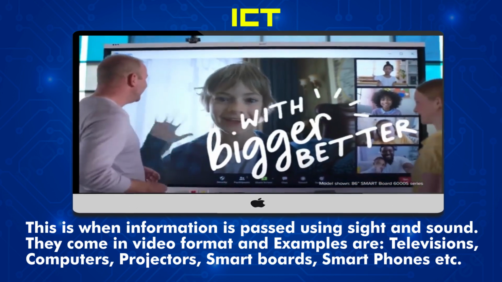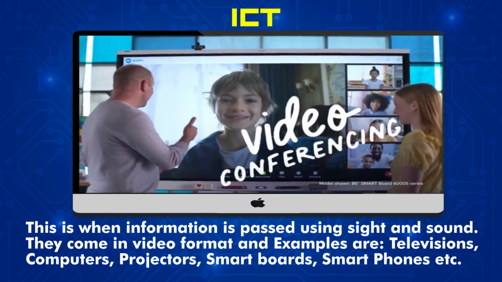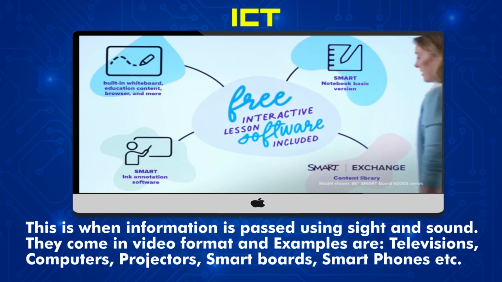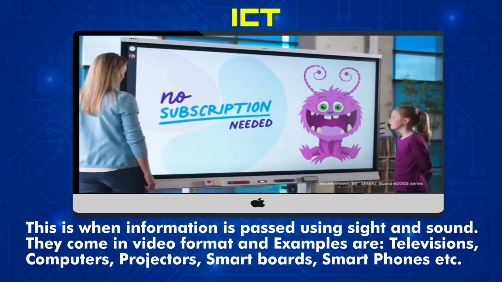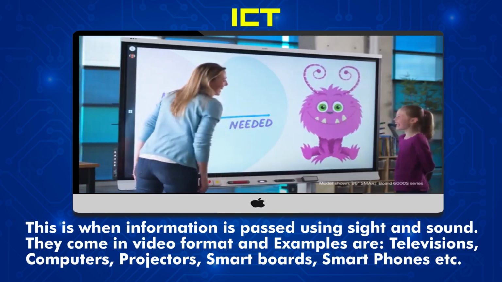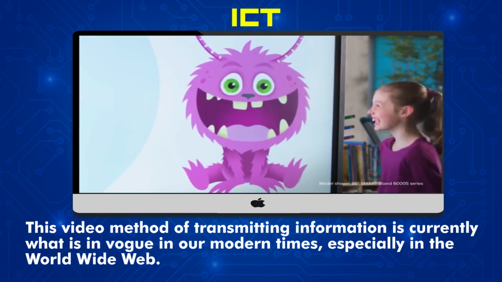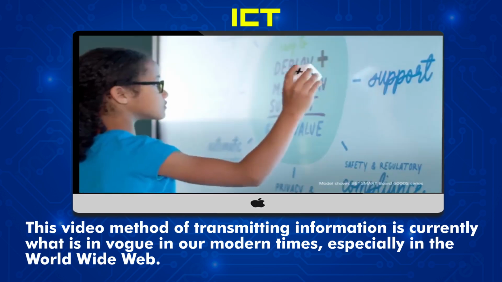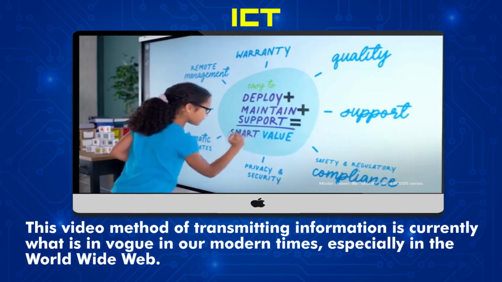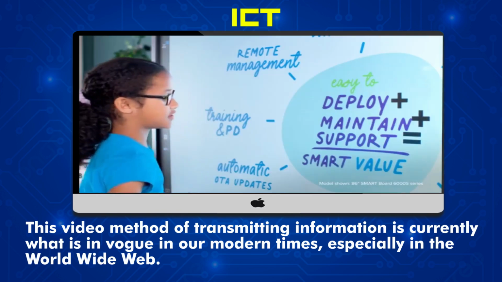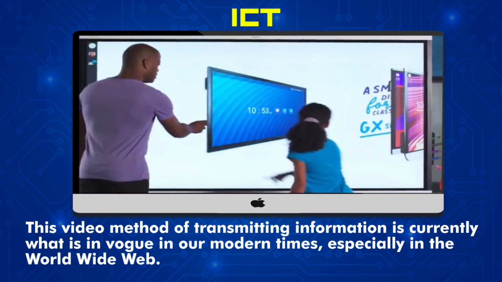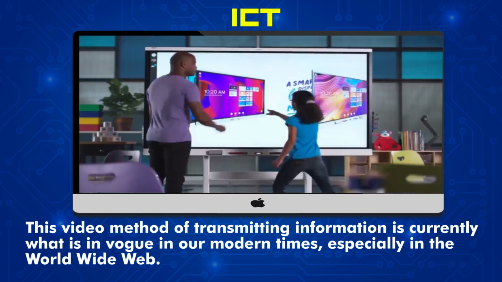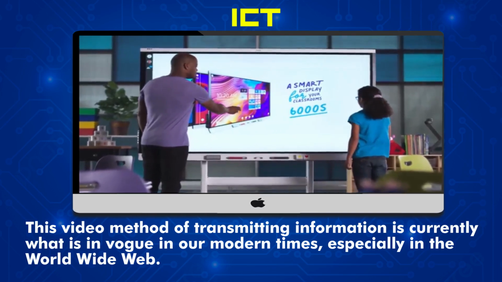They come in video format, and examples of ICT gadgets that can pass this kind of information are televisions, computers, etc. This video method of transmitting information is currently what is in vogue in our modern times, especially in the World Wide Web. In the internet, video format information is ruling currently.